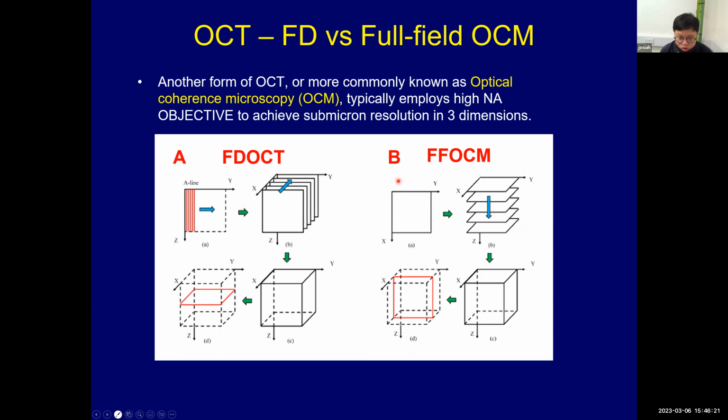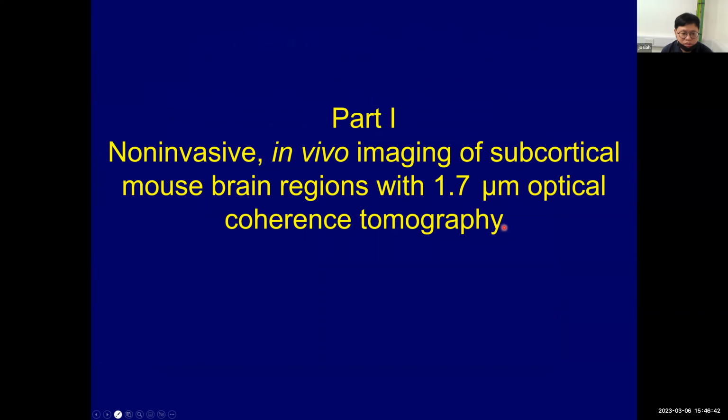I don't want to describe too much about this full field OCM, but I just want to let you know that there's another kind of OCM or OCT called full field, and the scanning geometry is slightly different from what you would typically see in the Fourier domain OCT.